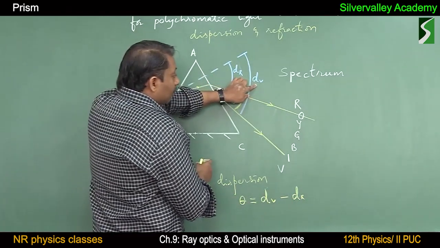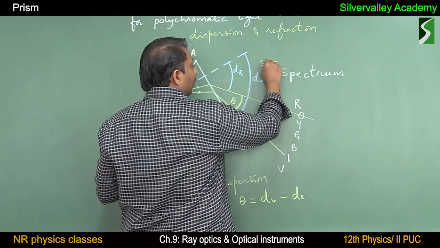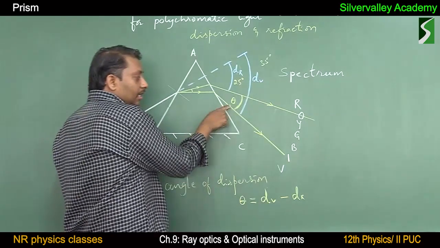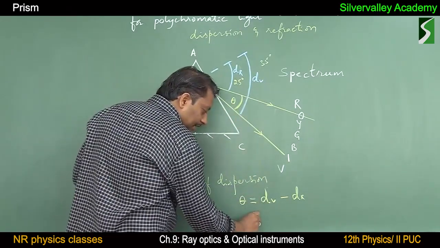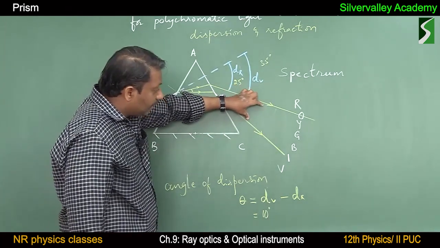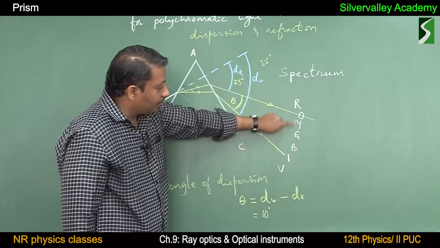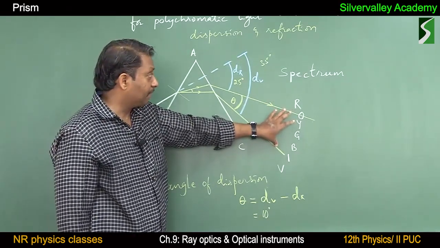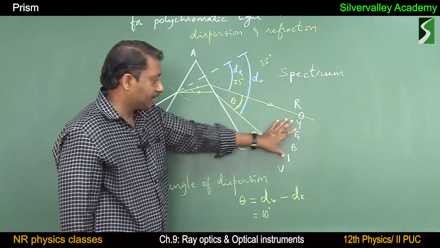If deviation for violet is 35 degree and deviation for red is 25 degree, then angle of dispersion is 10 degree. Am I right? So in this 10 degree, we can find all other wavelengths separated, because this is spectrum of light.